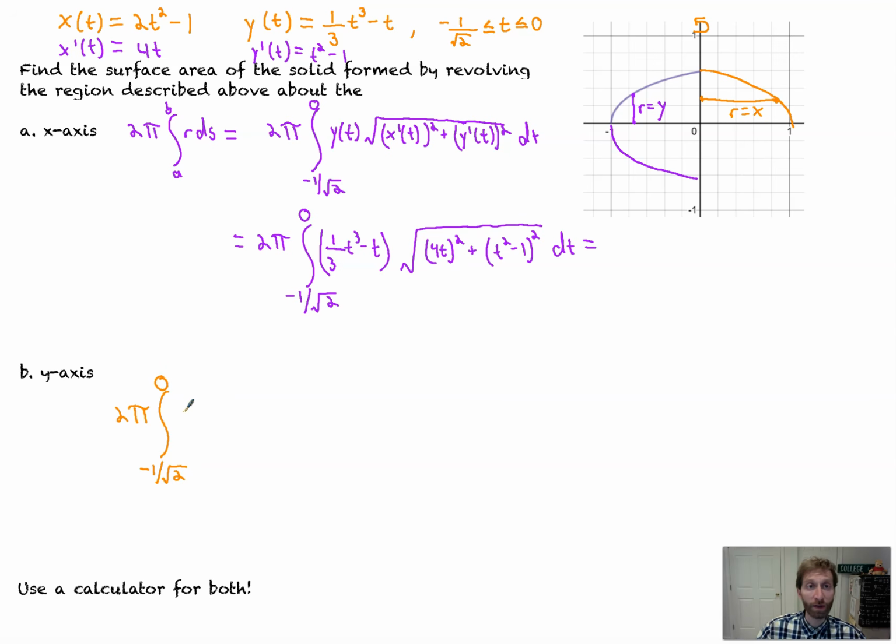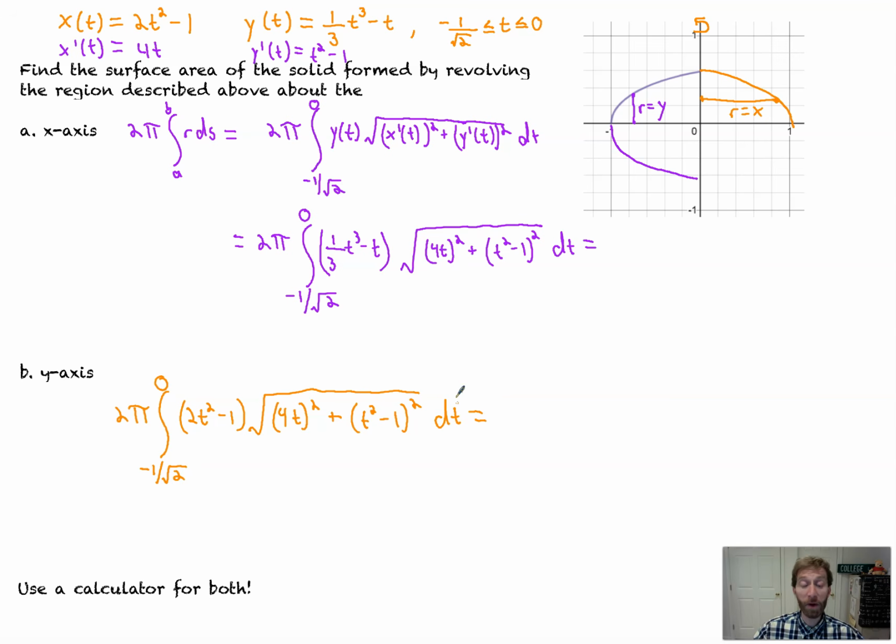Now it's x of t, which is 2t squared minus 1. That's the radius, as we saw here, times the square root of x prime of t squared, that's 4t squared, plus y prime of t squared, t squared minus 1 squared dt.